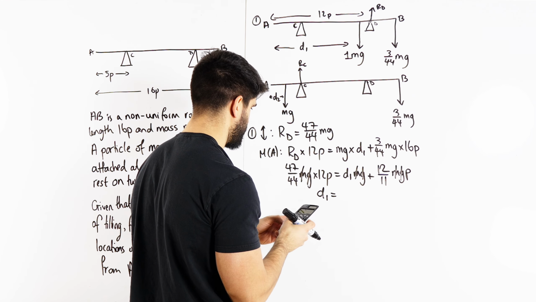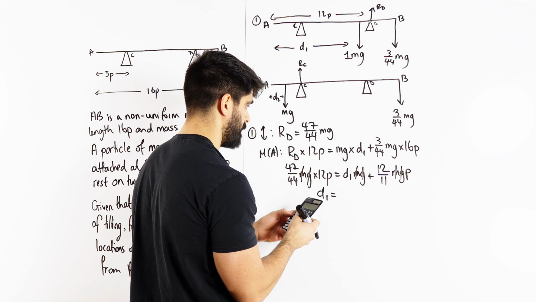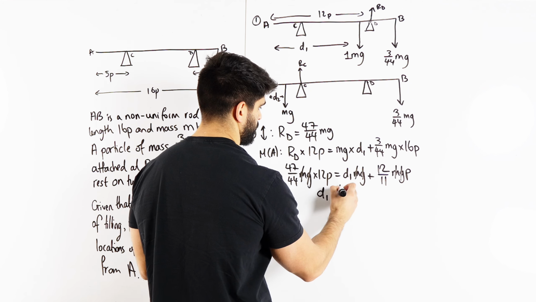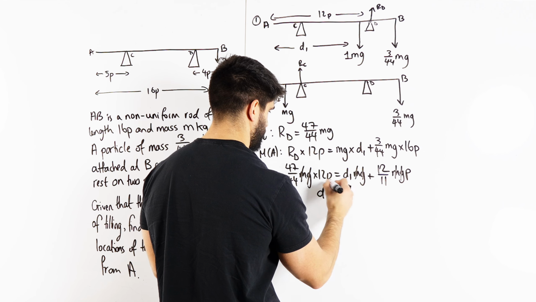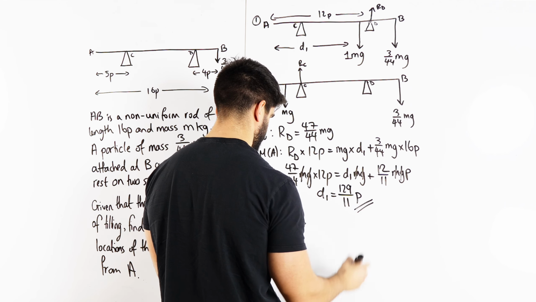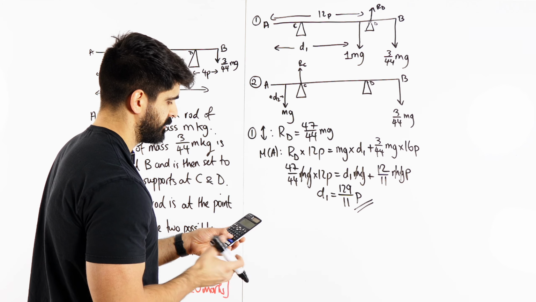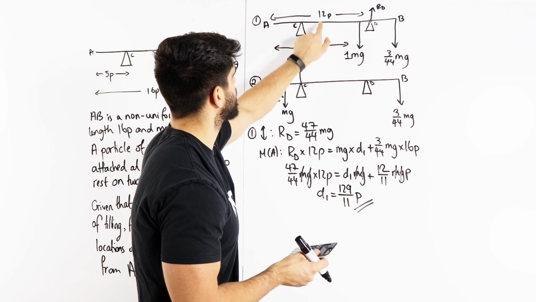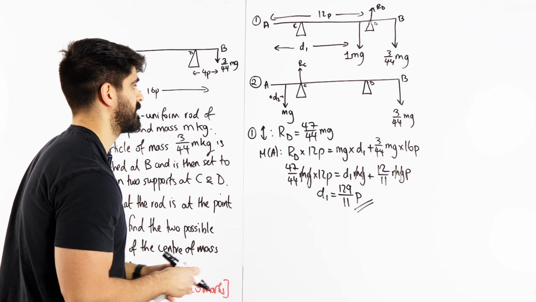So I'm going to do 47 over 44 times 12 minus 12 over 11. 129 over 11, and it's p. Which works out to like 11.7. So this distance here is about 11.7. Makes sense. Yeah, still shorter than that 12, so the diagram makes sense here.